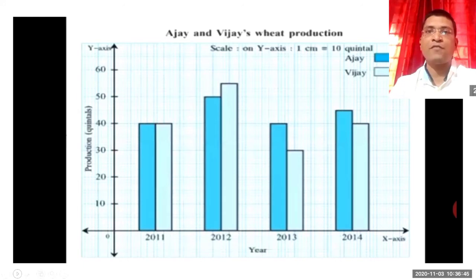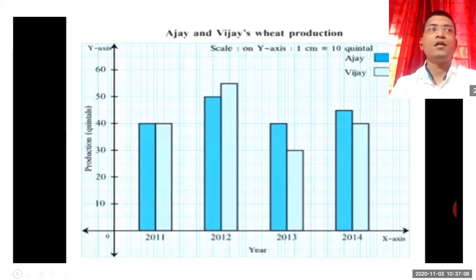It is drawn till 40 quintals, equal. In 2012, Ajay's wheat production is less, and Vijay's wheat production is more.